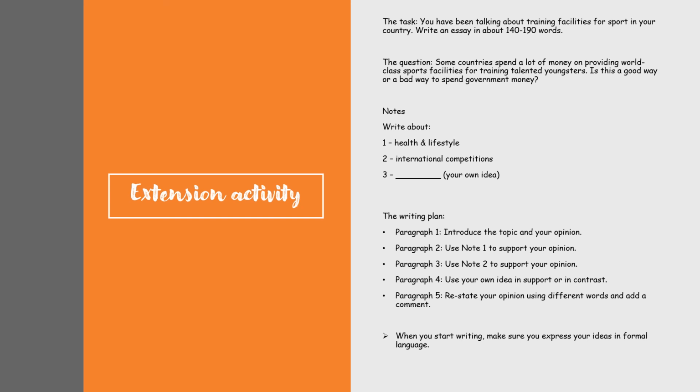Paragraph 4, use your own idea in support or in contrast. Finally, paragraph 5, restate your opinion using different words and add a comment. When you start writing, make sure you express your ideas in formal language.